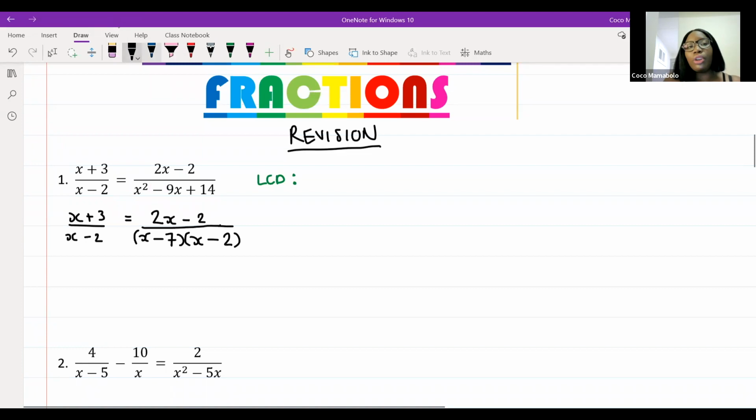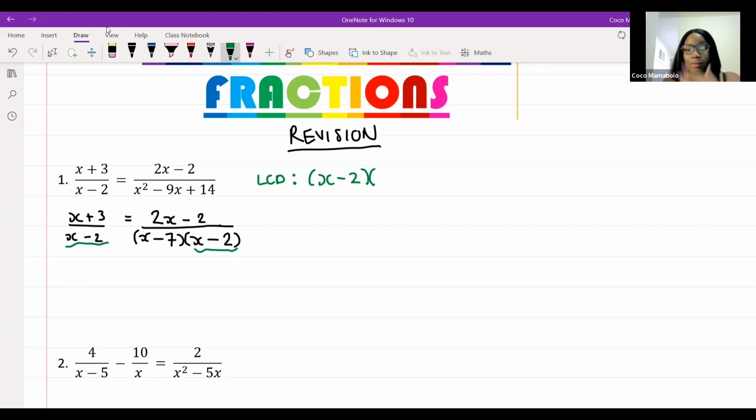Now, if I'm going to look for my LCD, guys, I can tell that x minus 2 is a repeated expression. So I don't have to write it twice as part of my LCD. I'm only going to write it once. So I know I have x minus 2 as part of my denominator. What is the other part of my denominator, guys?